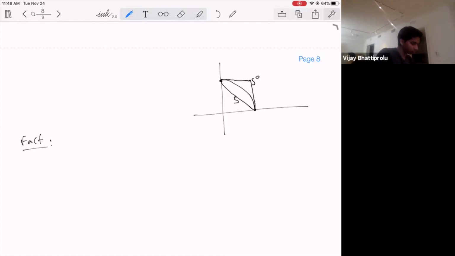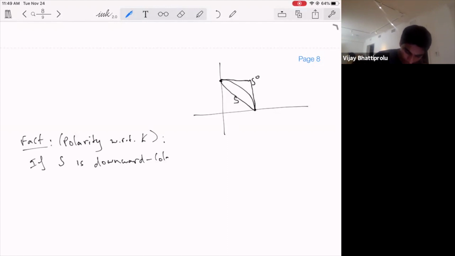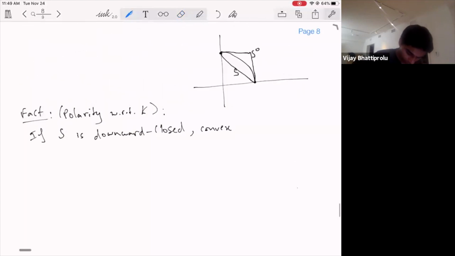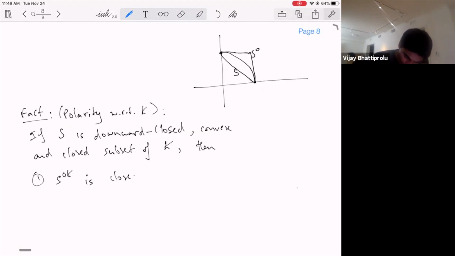So this is about polarity with respect to a cone K. If S is convex and closed subset of K, then firstly, S polar K is closed, convex, and downward closed.